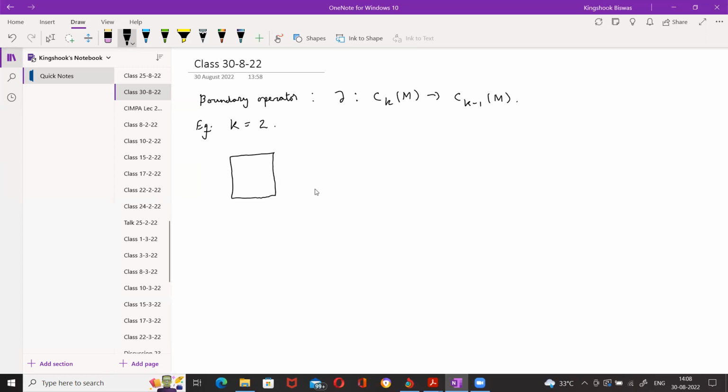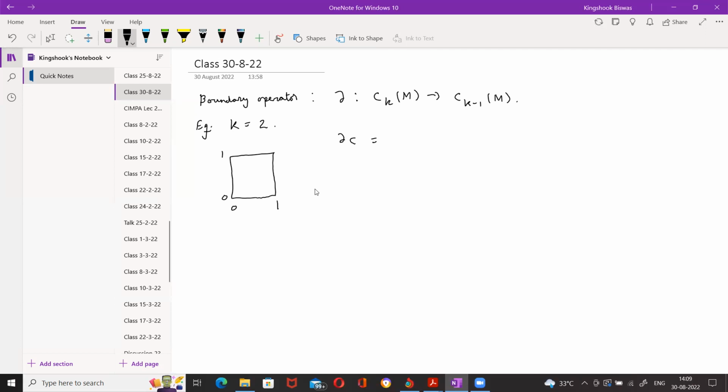And so if this is the x1 axis and this is the x2 axis, so this is 0, this is 1 and 0 and 1 here. Okay, so what are the faces? So what is the boundary of C?